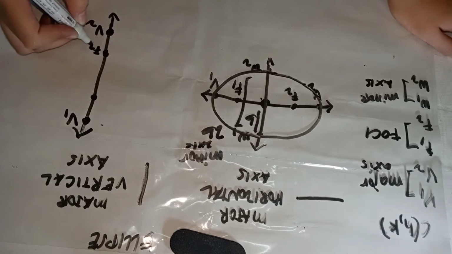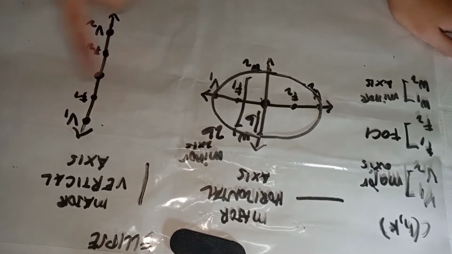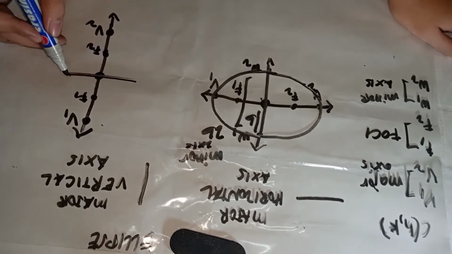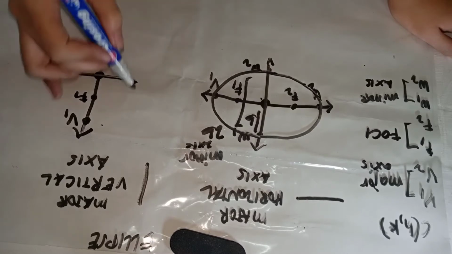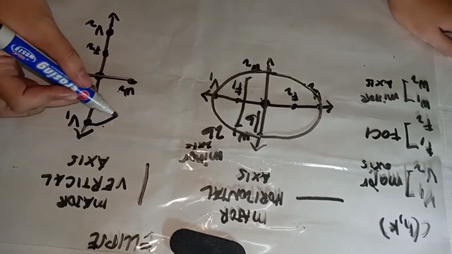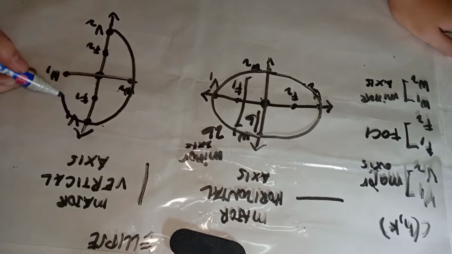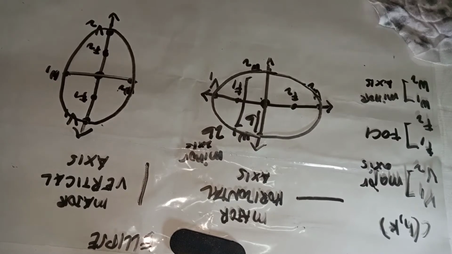So this one is your F2, F1. So here is the center. So W1, W2 is the minor. Ayan po siya. Nakatayo po yung ellipse po natin. Okay?